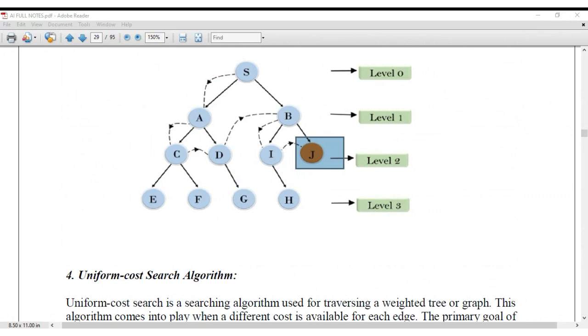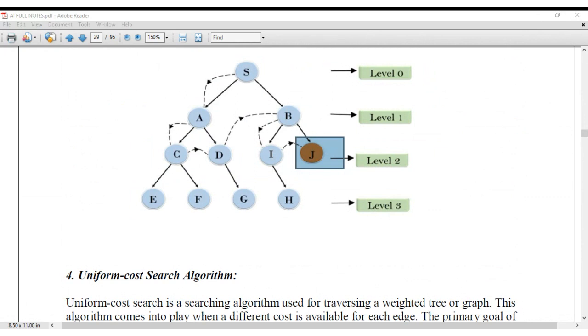Bashir, Dennis? The goal node is basically the node that represents the best solution, which we call the optimal solution.